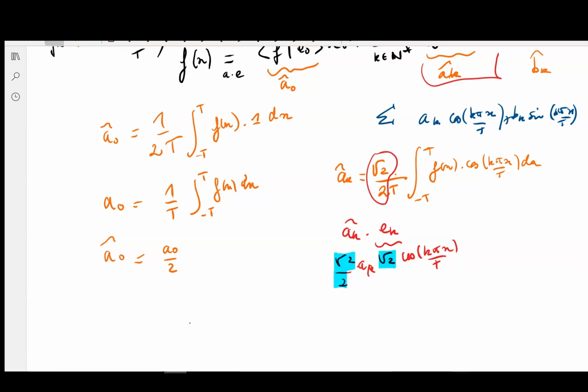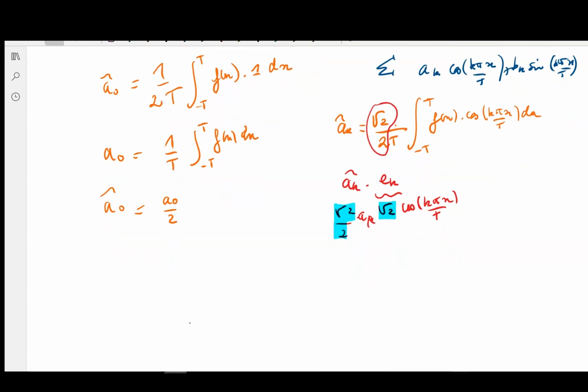This being said, it's going to slightly change the formula we get for the Parseval identity. That means that my function f of x should be written almost everywhere as a hat 0 times 1 plus the sum on k in N star of a hat k ek plus b hat k fk.